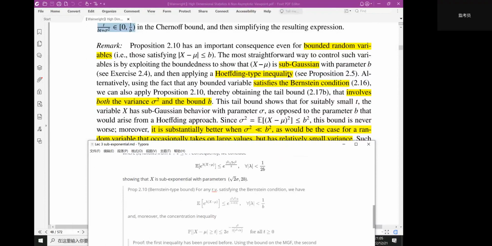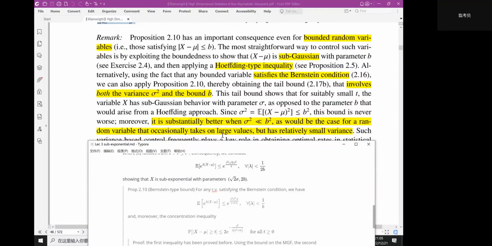For example, when it's sub-Gaussian, we can get a bound by applying the Hoeffding type inequality. And since a bounded variable satisfies the Bernstein condition, we can apply this Bernstein type bound, which involves both the variance and the bound b.